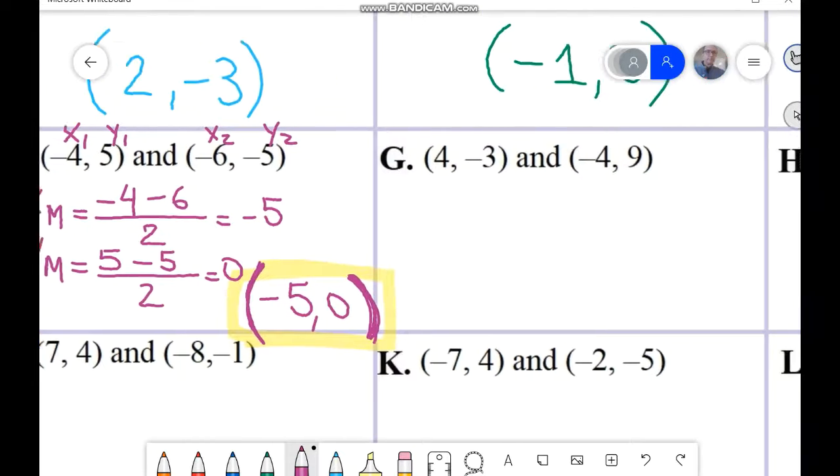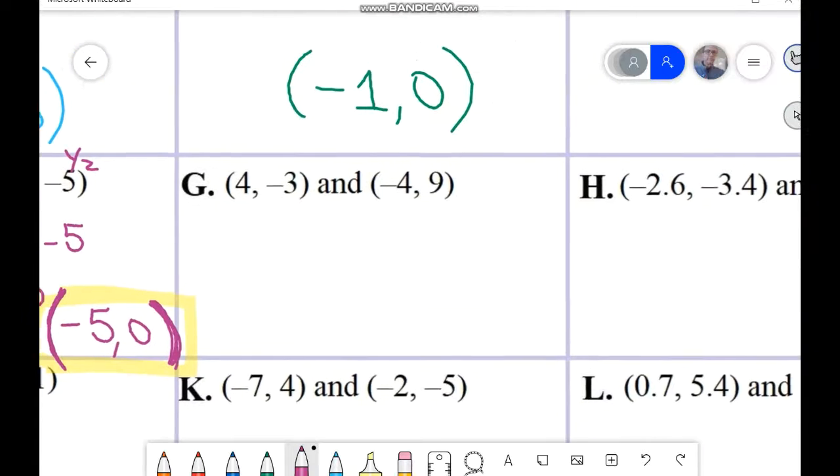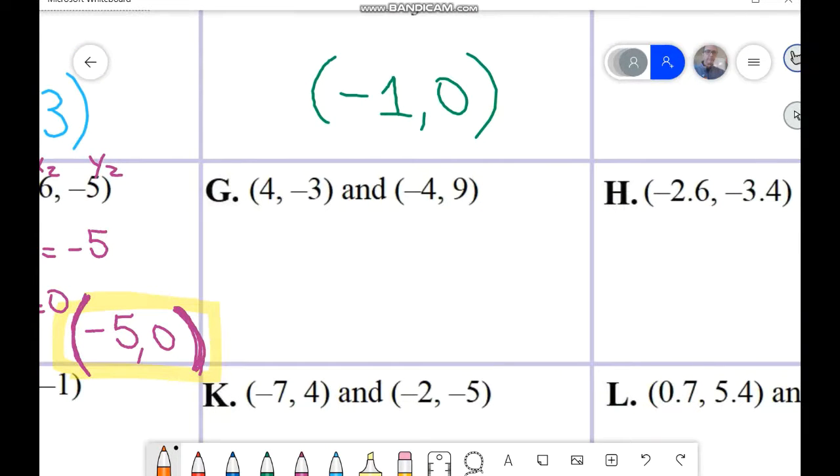Letter G. Same thing, x1, y1, x2, y2. X of the midpoint is the average between x1 and x2. So x1 is 4, and x2 is -4.